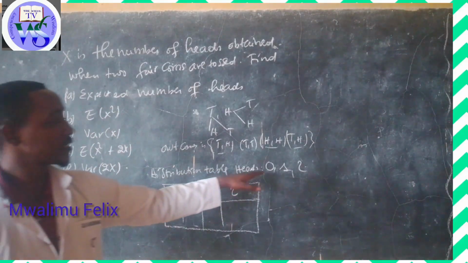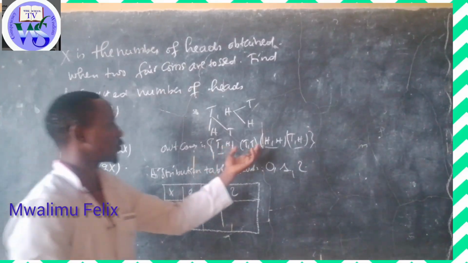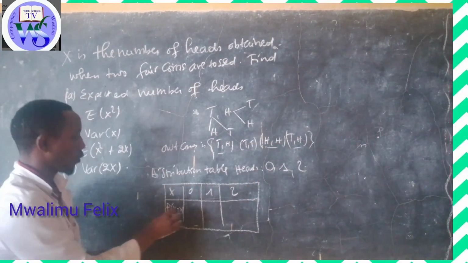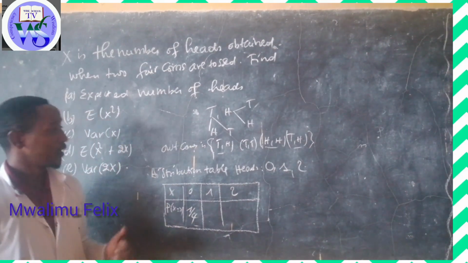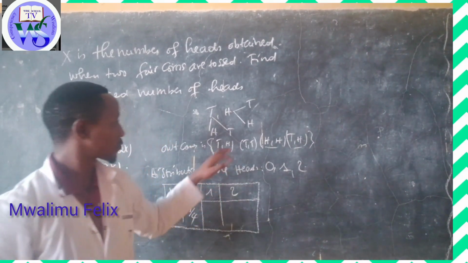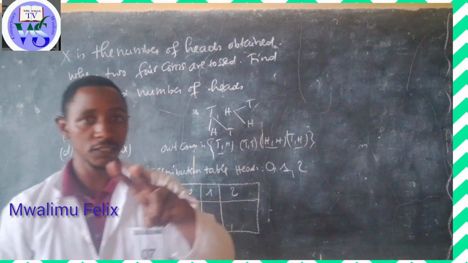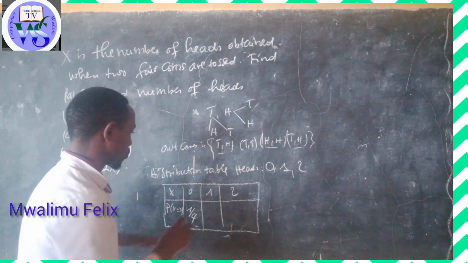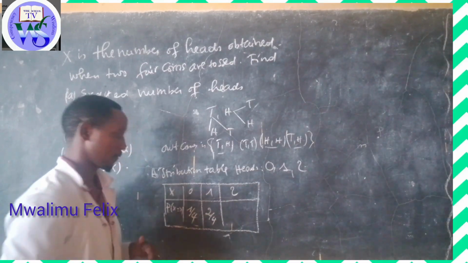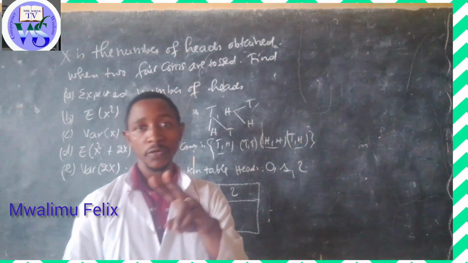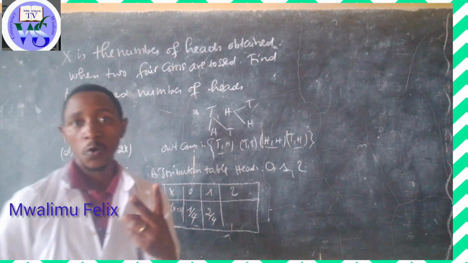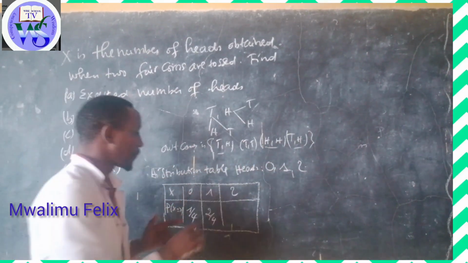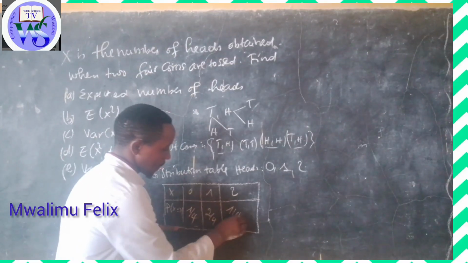The probability of getting 0 heads is 1 out of 4, so 1 over 4. The probability of getting 1 head is 2 out of 4. The probability of getting 2 heads is 1 over 4, because only one outcome out of 4 gives 2 heads.